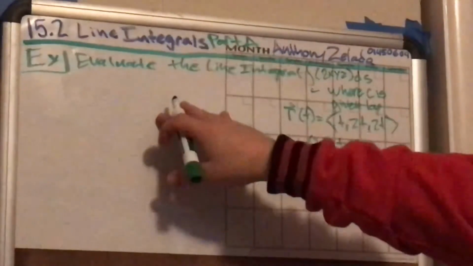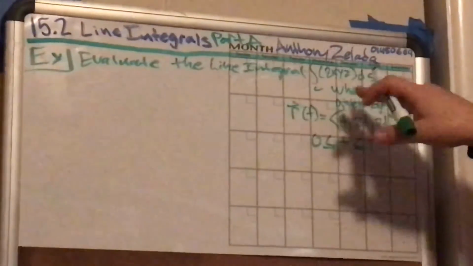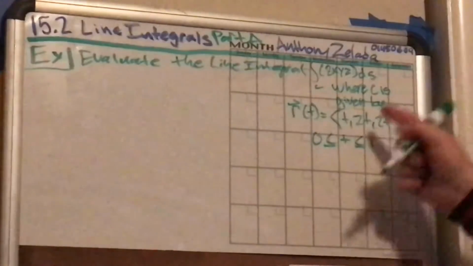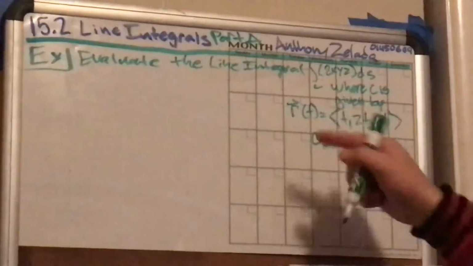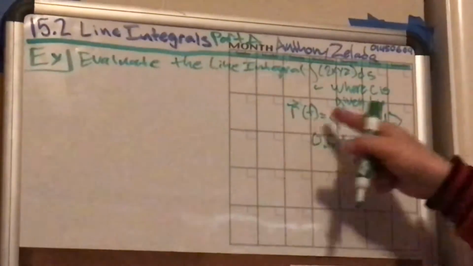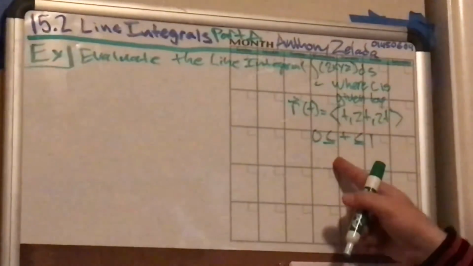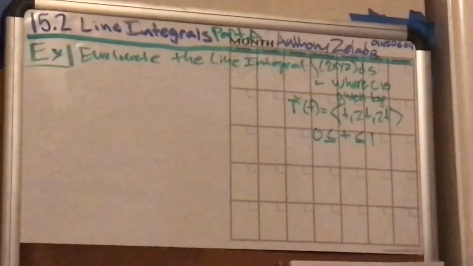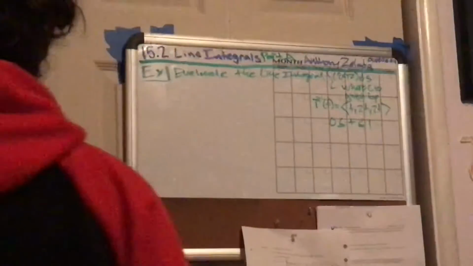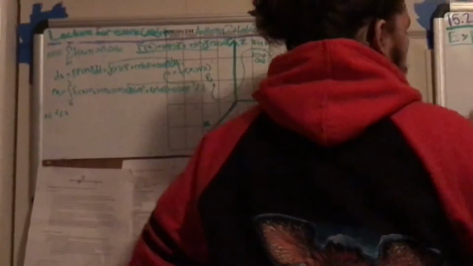Alright, so we have to evaluate our line integral of 2xyz ds. And our C is given by the vector valued function t, 2t, 2t, between the values of 0 and 1. So let's evaluate this one. Let's start by first getting the prime of the vector valued function, and then we'll go to the magnitude of it.